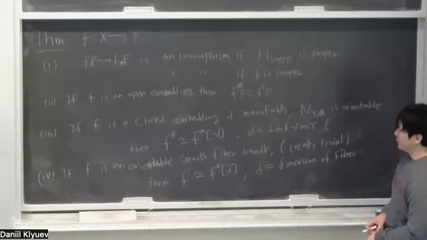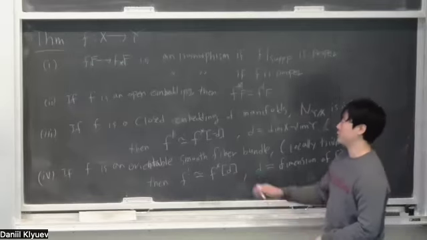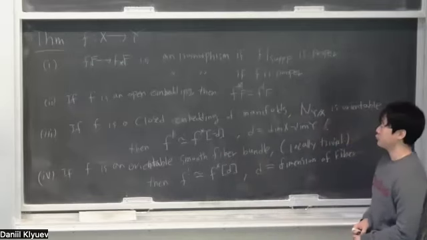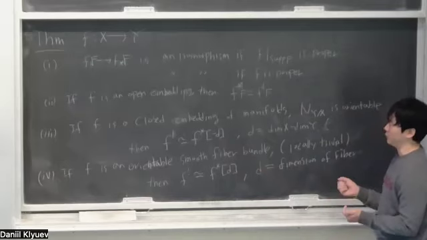Okay. So in these cases, we can just replace upper shriek or lower shriek with upper stars or lower stars.